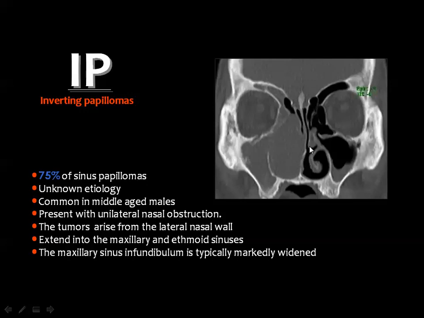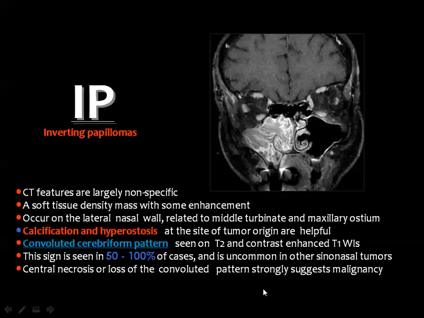In cases of papilloma, you get expansion of the nasal cavity and opacification of the ipsilateral maxillary sinus, and usually there is obliteration of the ethmoidal air cells. This is very important to differentiate this lesion from the more common antrochoanal polyp, where the sinus is expanded, not the nasal fossa, and the ethmoidal air cells are usually clear.